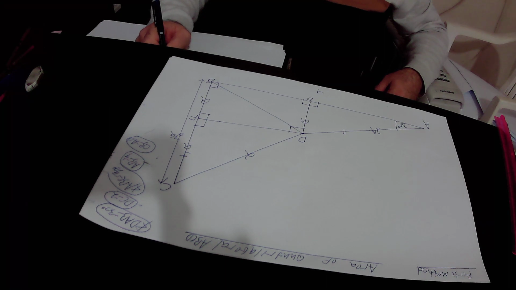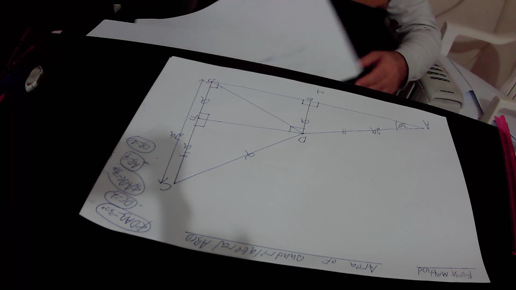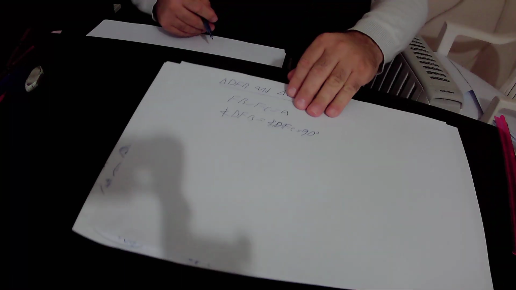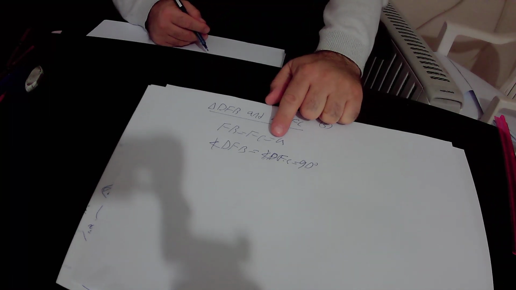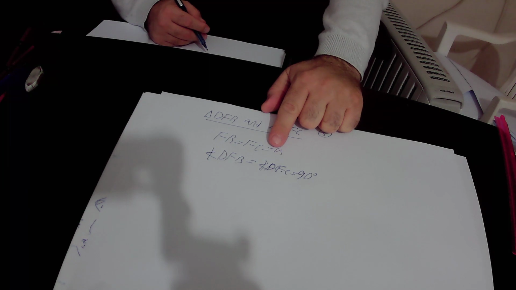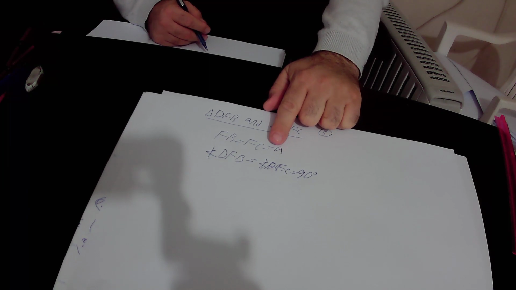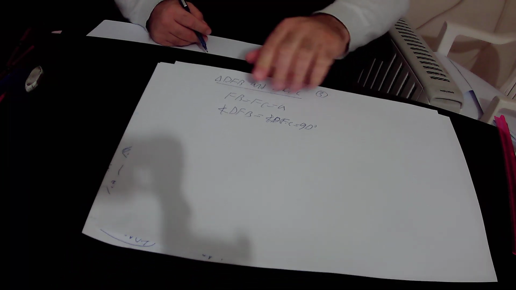And both angles are right angles, that is to say they are equal to 90 degrees. Angle DFB equals angle DFC, and they are both right angles.